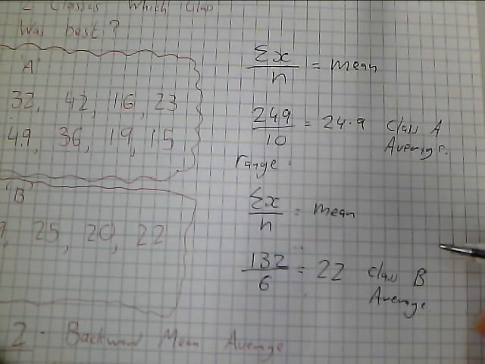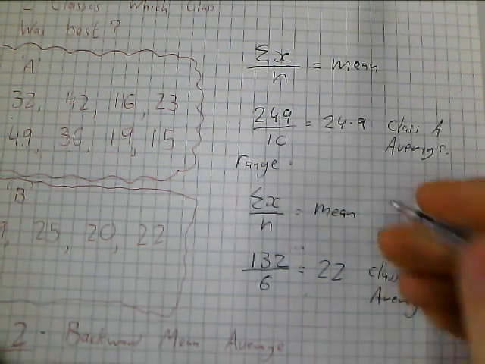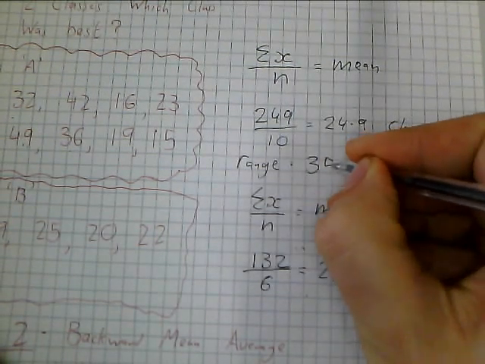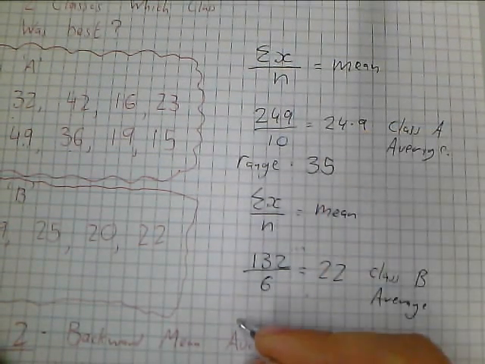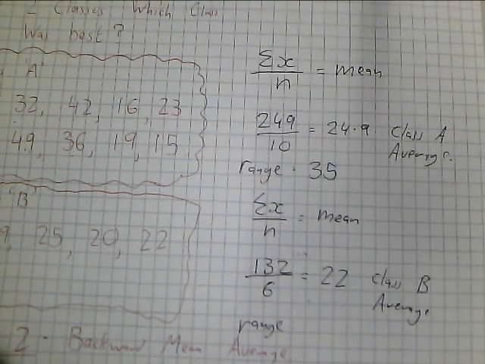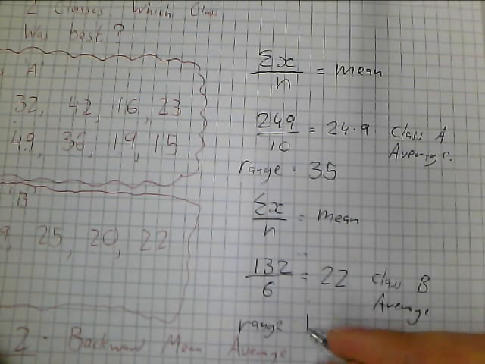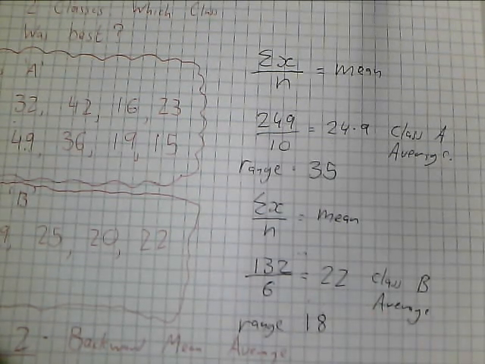So the range for class A is 49 take away 7, so that gives you 35. And then for class B, the highest value is 32, and the lowest is 14, so that gives you a range of 18. So looks like class B is more consistent.